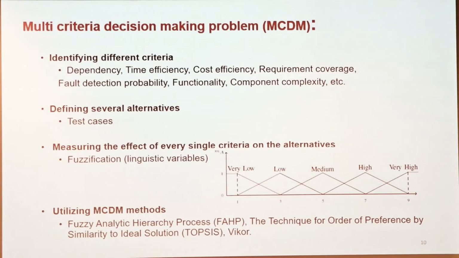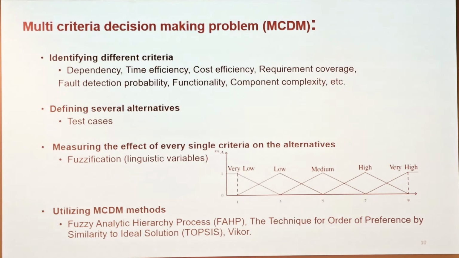But how about complexity? You are not able to answer this question with a sharp value. But you can compare two different systems with each other, and you can answer this question with a set of linguistic variables, which causes fuzzification. So we redefined the initial problem in a fuzzy environment, and we sent a set of questionnaires to the testers and engineers at Bombardier with some linguistic variables.